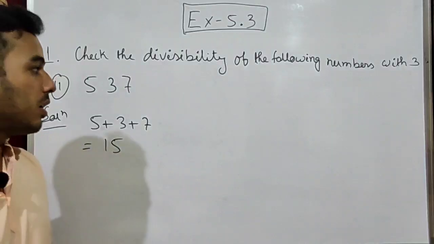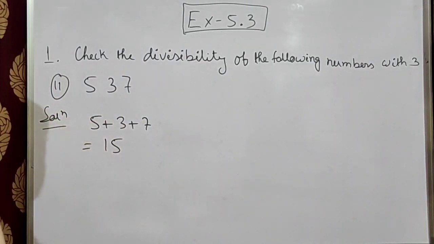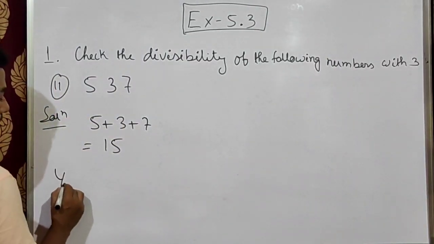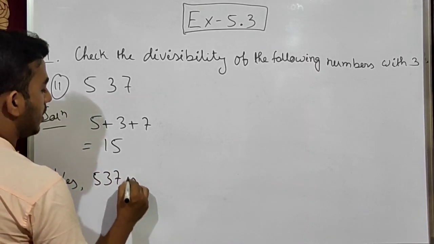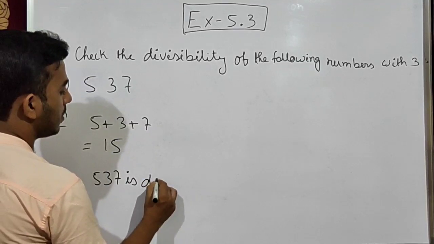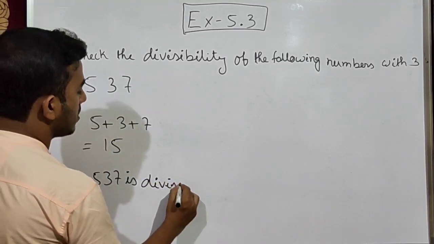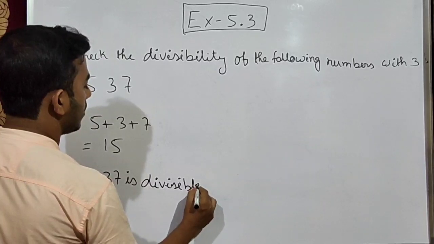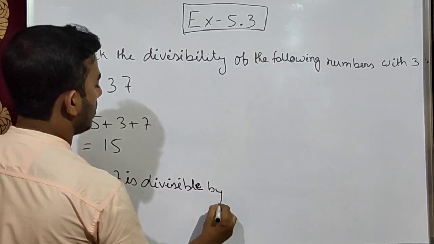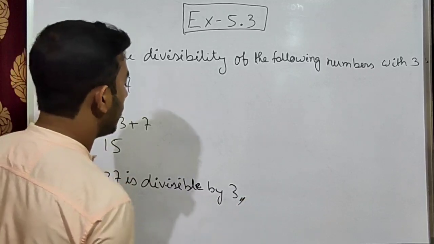It will be 5, right? Because 5 into 3 is 15. So, we write yes, 537 is divisible by 3.